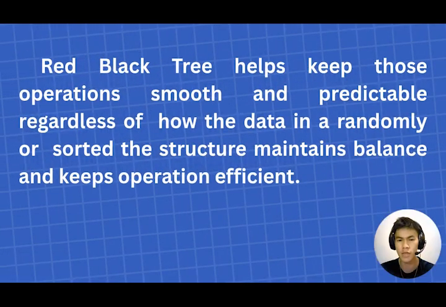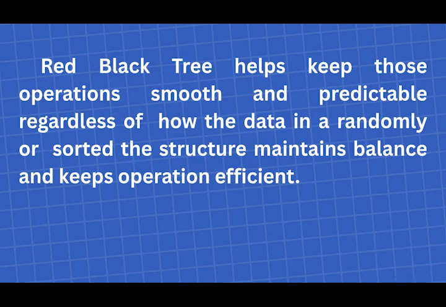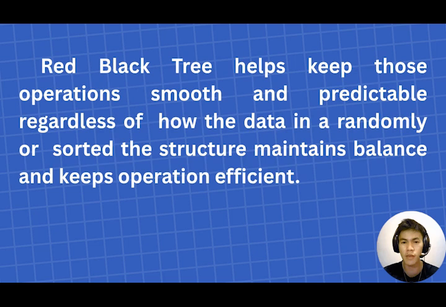A red-black tree helps keep those operations smooth and predictable, regardless of whether the data comes in randomly or sorted. The structure maintains balance and keeps operations efficient. That is why it's used in systems ranging from inventory databases to financial transactions, where consistency and speed are critical.